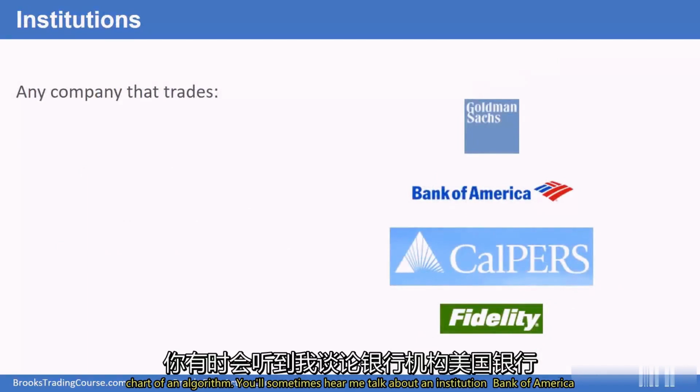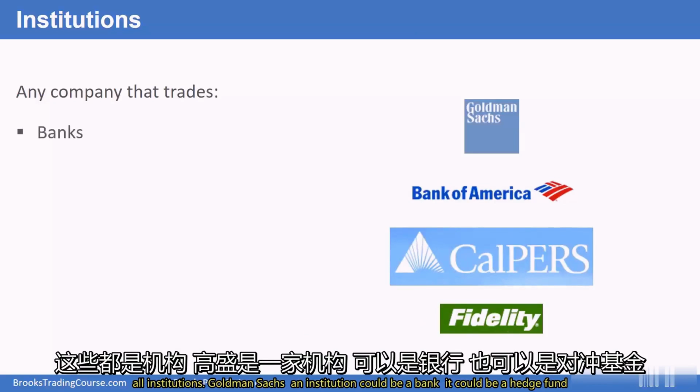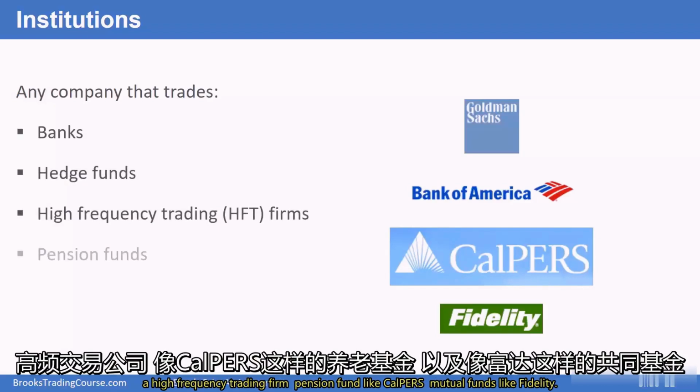You'll sometimes hear me talk about an institution: Bank of America, CalPERS, the pension fund for state employees in California, Fidelity Investments, Goldman Sachs. An institution could be a bank, a hedge fund, a high-frequency trading firm, a pension fund like CalPERS, or mutual funds like Fidelity.